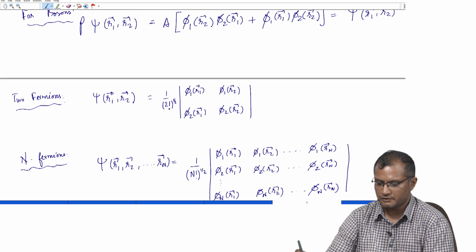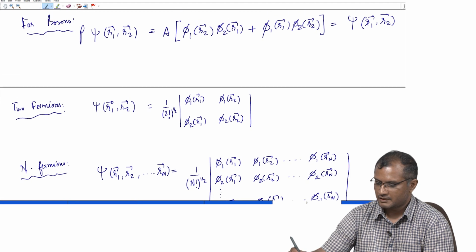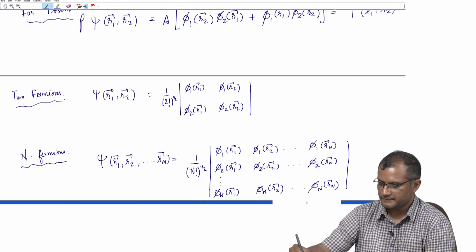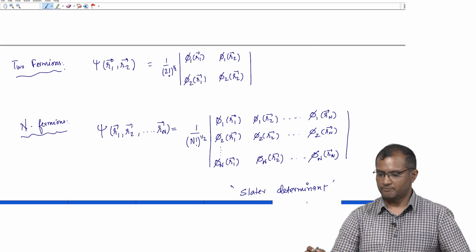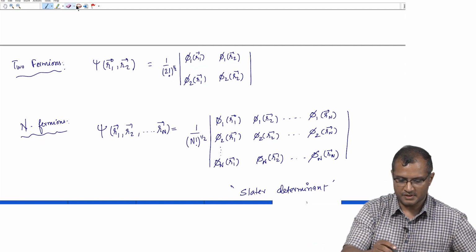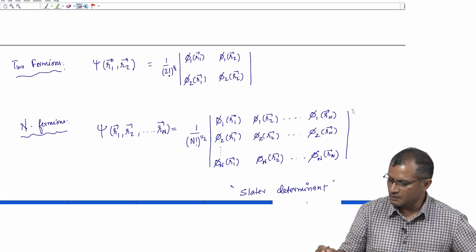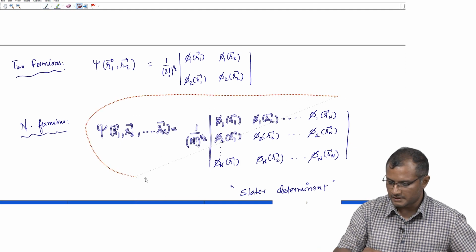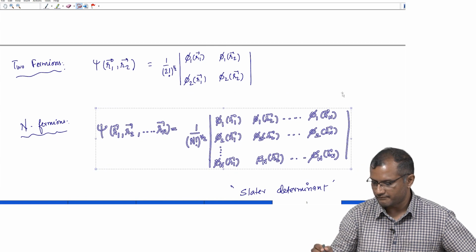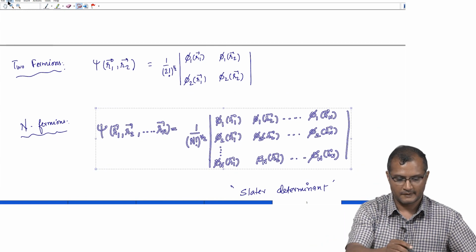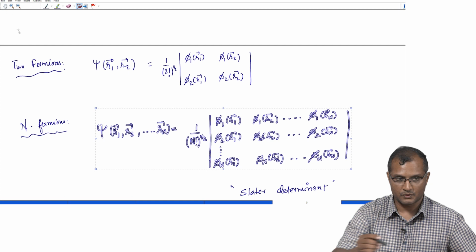Okay. So, now you can see if I just use this n particle wave function, I can see how Pauli's exclusion principle naturally arises. Can you see why?